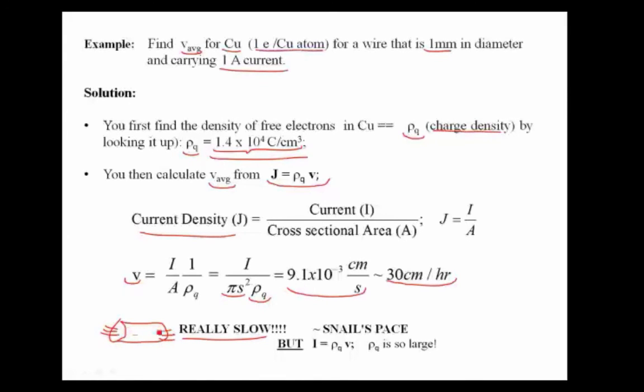Realize this all came out of conserving charge, and so if you look at the amount of charge going in per unit time, it's huge, because this quantity here is so large. So even though it's a very small velocity, you still maintain the current by just having this very large density of charge, and therefore lots of charge is entering and leaving the wire.